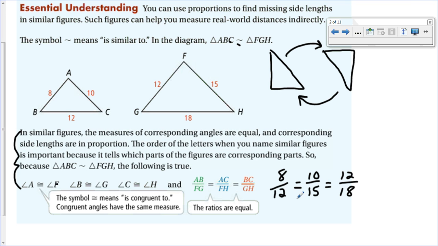And what I mean by that is, if we reduce these, 8/12, 4 goes into both 8 and 12. 4 goes into 8 2 times and into 12 3 times. 10/15, 5 goes into 10 2 times, and 5 goes into 15 3 times. 12 over 18, 6 goes into 12 2 times, and into 18 3 times. So you notice their ratio is all the same. That's what similar means.